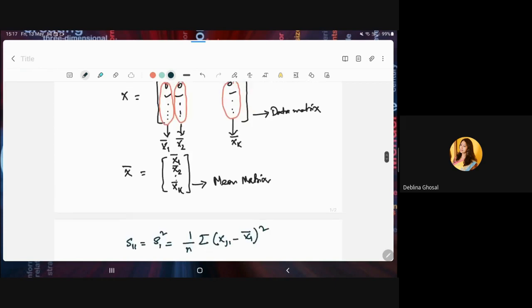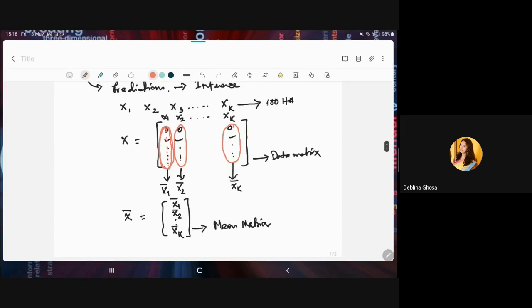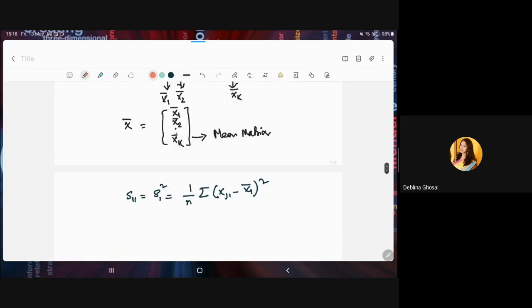That means you know the mean of this set, and then you take the difference of each and every value of x1 from that mean, square it, sum it, and then divide by 100. If it is 100 households, you divide by 100, and then you get S11.